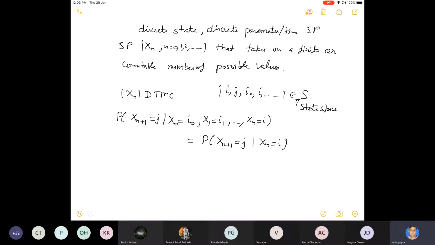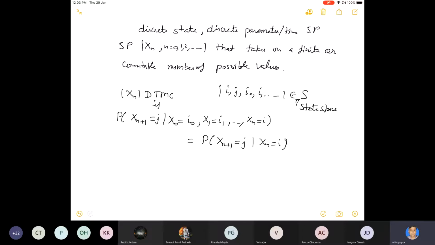So state space is basically all these values. For example, the state space may be taken as 0, 1, 2, 3, and so on, and these i0, i1 and so on are particular values of those. Then Xn is said to be a discrete time Markov chain if this happens.